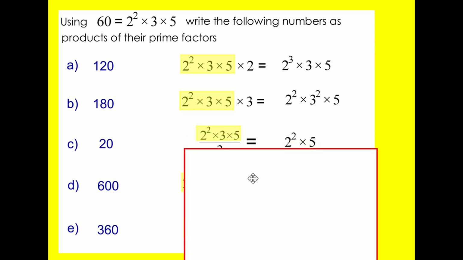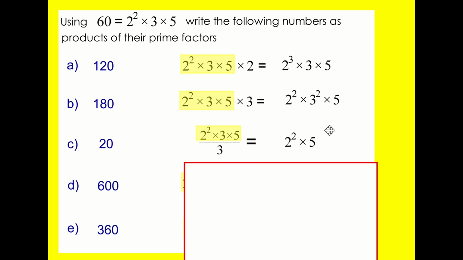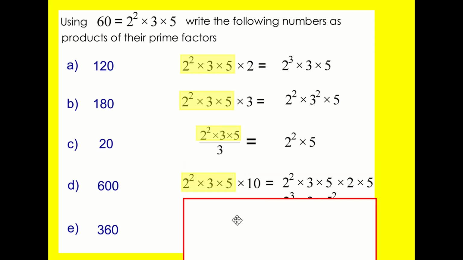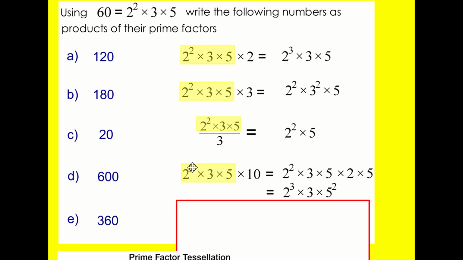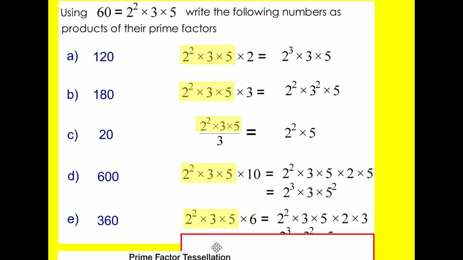So when we divide through by 3, we're left with 2 squared times 5. 600 is times through by 10. So we get an extra 2 and 5. Becomes 2 cubed times 3 times 5 squared. And finally, 360, it's going to be timesing through by 6. So add 1 to the power of 2, and 1 to the power of 3.